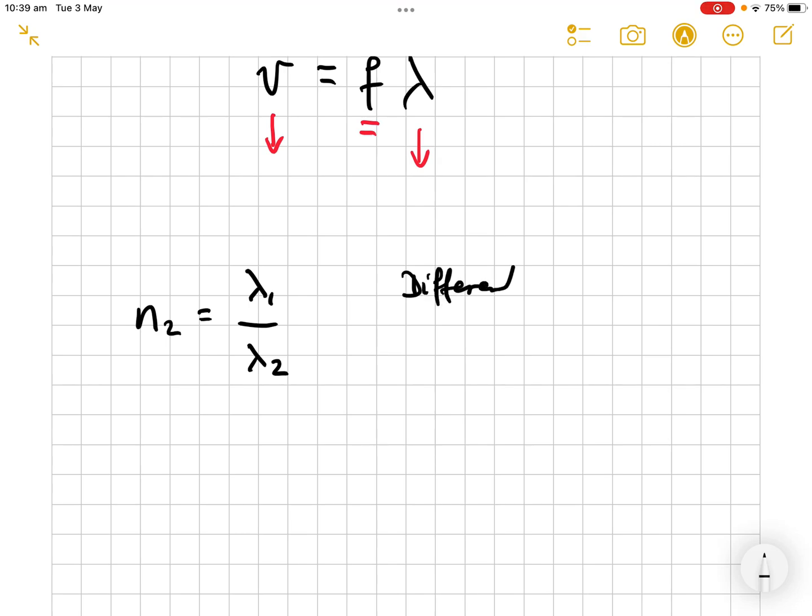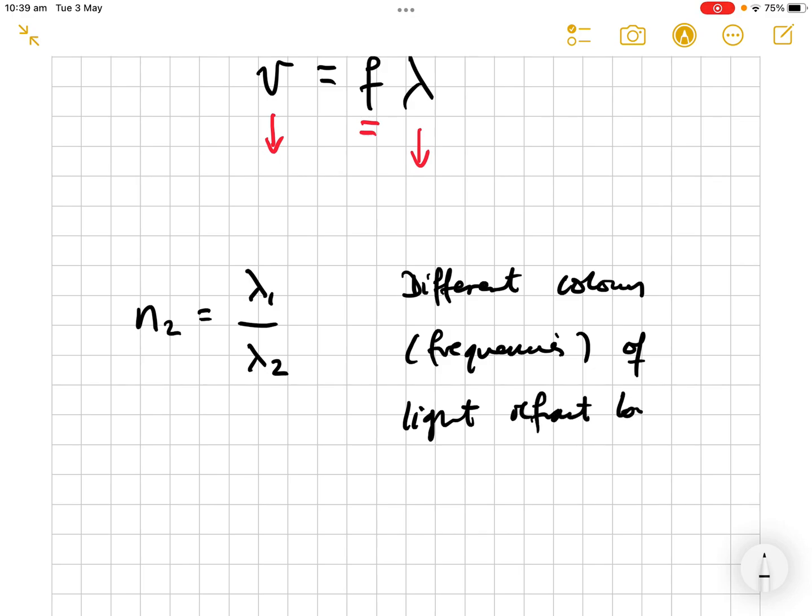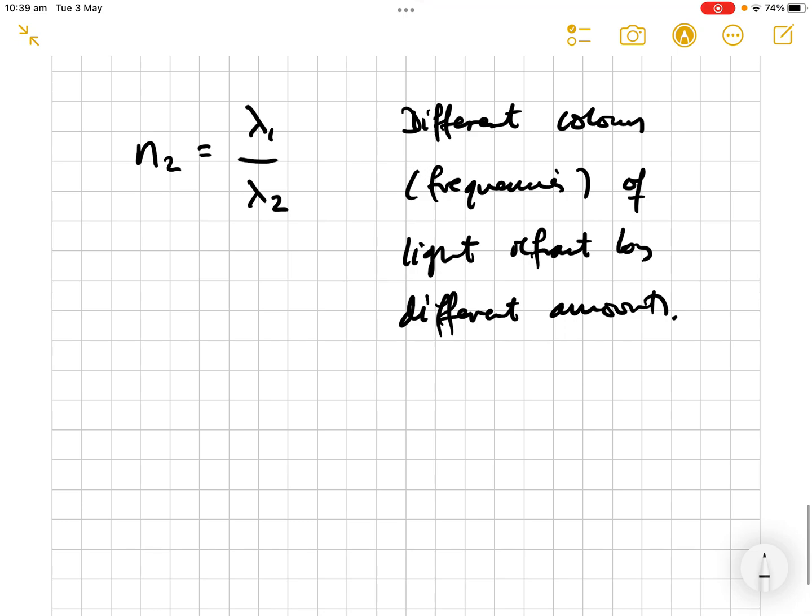So different colours, i.e. frequencies, of light refract by different amounts.